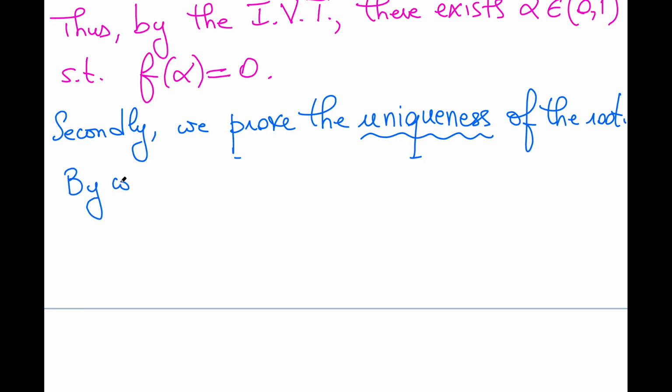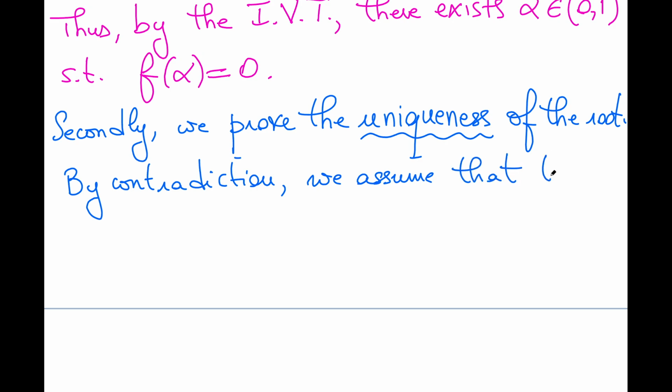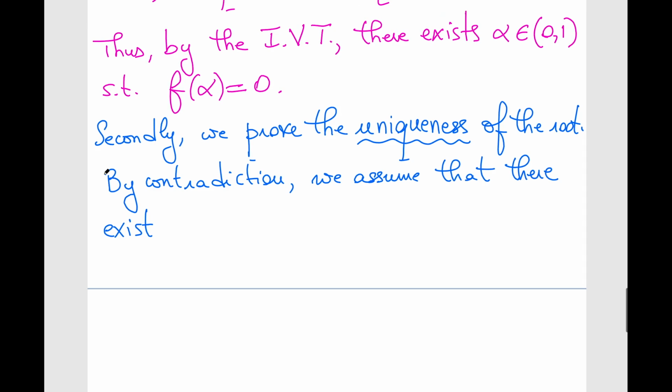By contradiction, we assume that we have more than one root. So we assume that there are two roots for the function f of x.